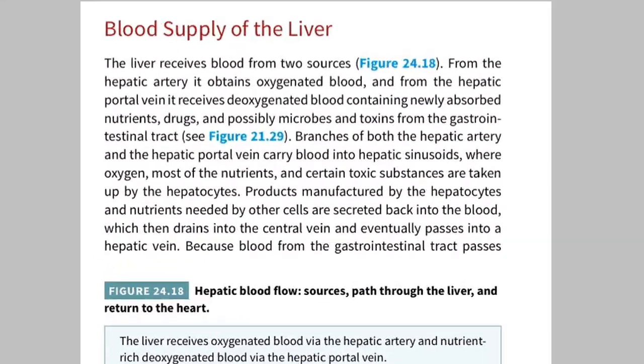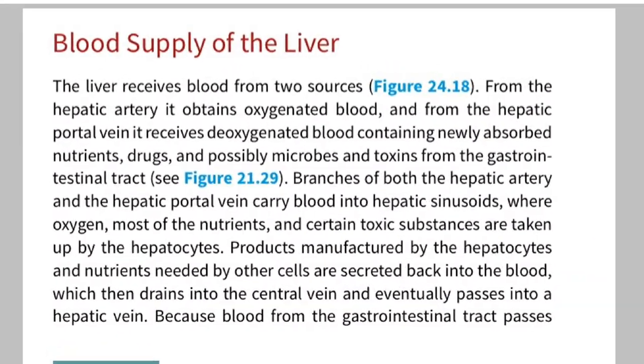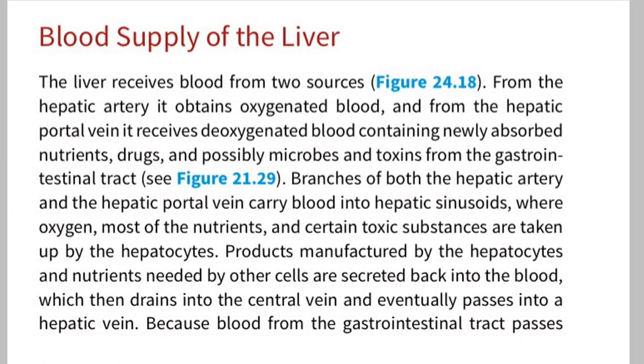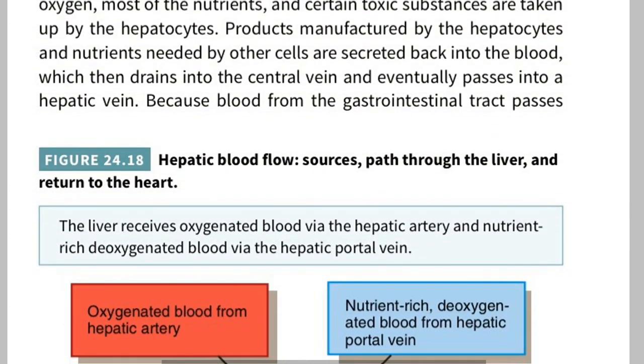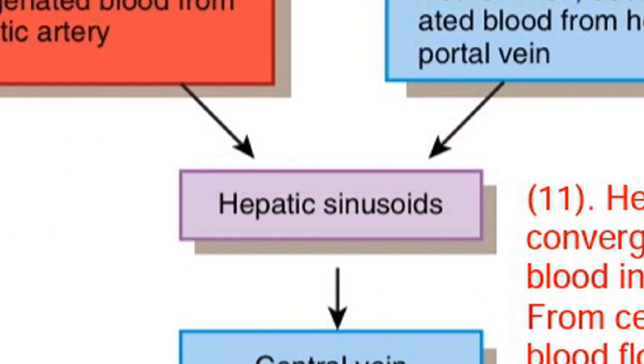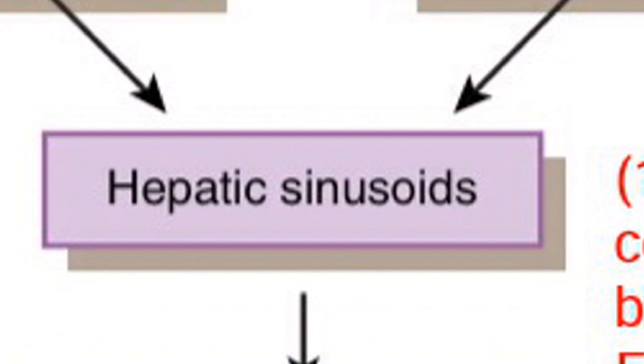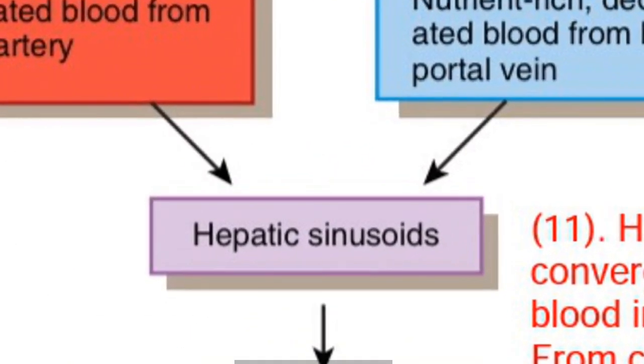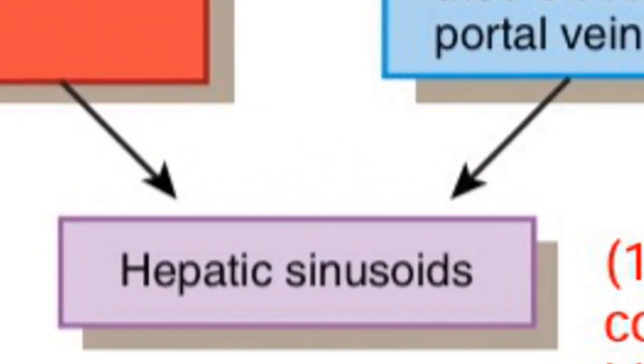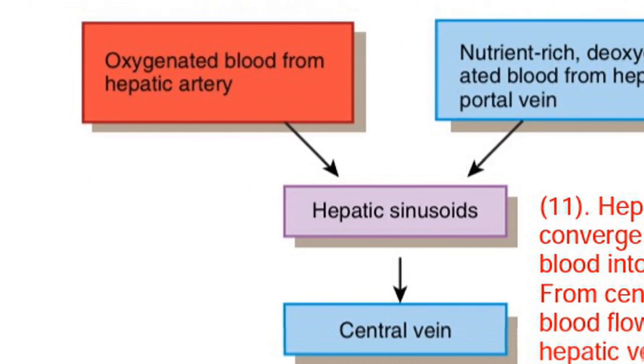Now blood supply of liver. Now all the information you go through, and I am explaining this point. Now see here, hepatic sinusoid. In the purple rectangle box, the name hepatic sinusoid is written. Now two arrows are shown towards the hepatic sinusoid.